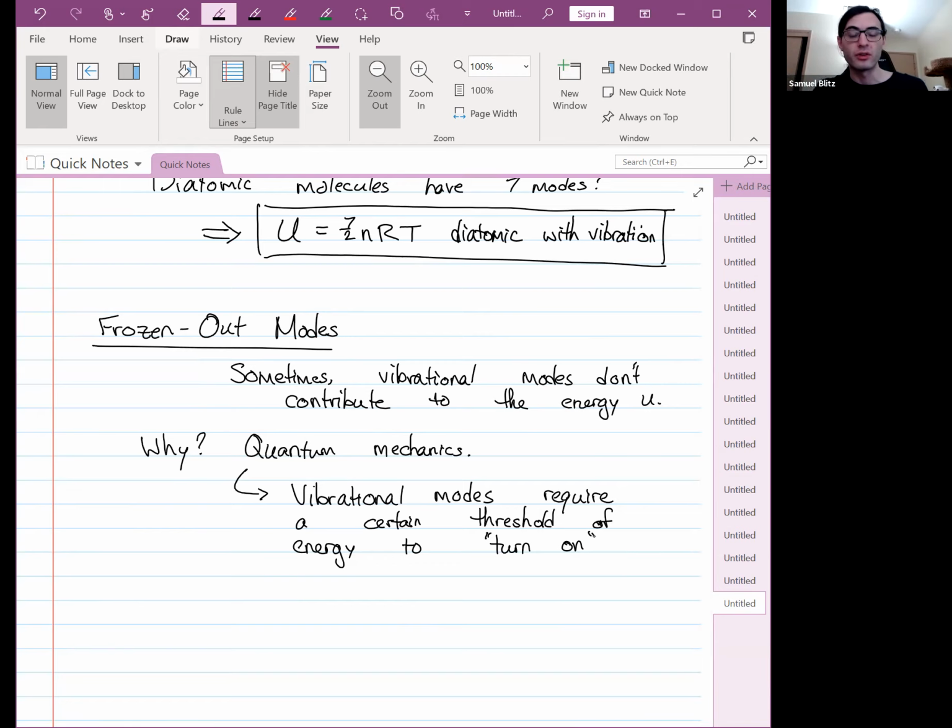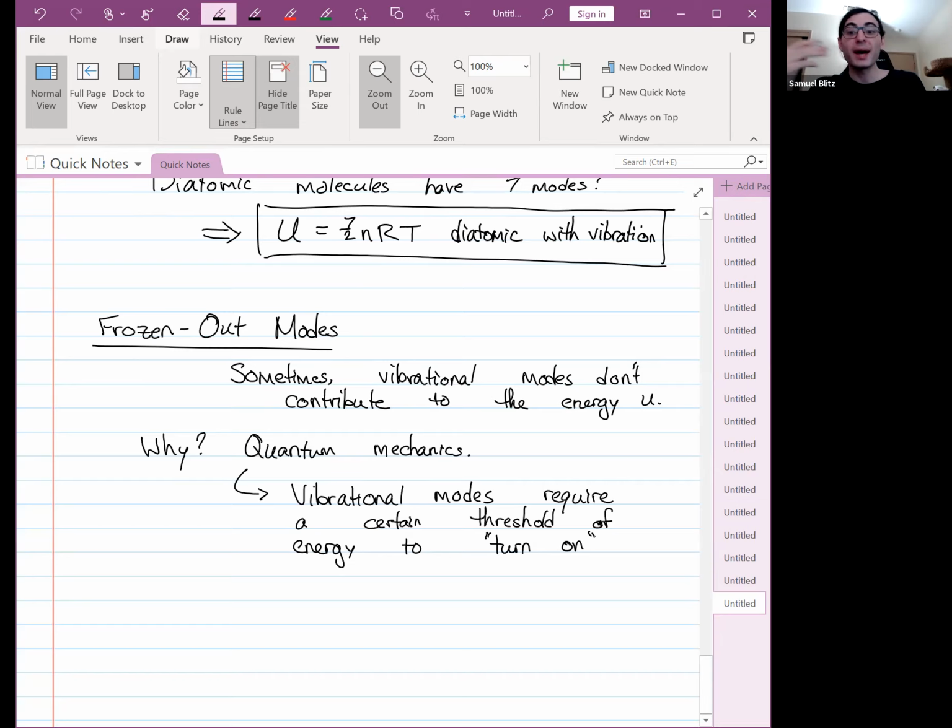That's not 2 joules, which means that none of the energy can be stored in that vibrational mode. And so all of the total energy has to be distributed amongst the other modes, because none of it can be stored in the vibrational mode. And so the vibrational mode wouldn't account for any of the total energy. There's just no energy stored there.